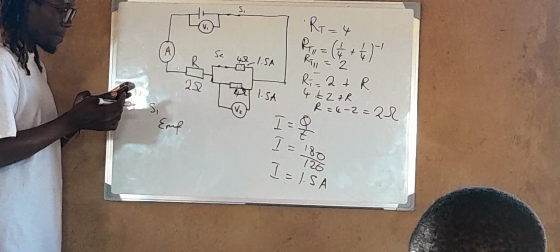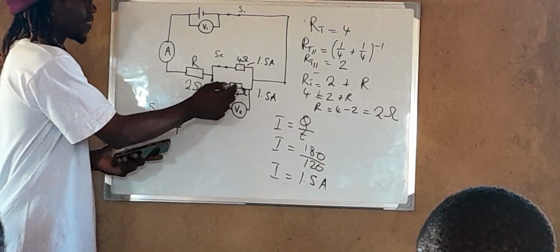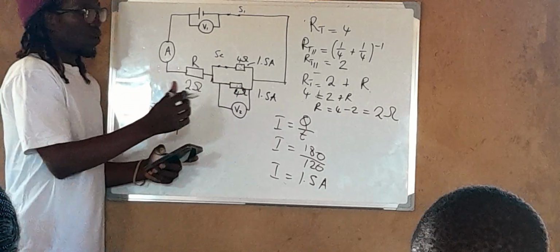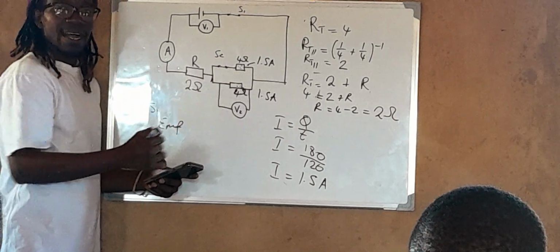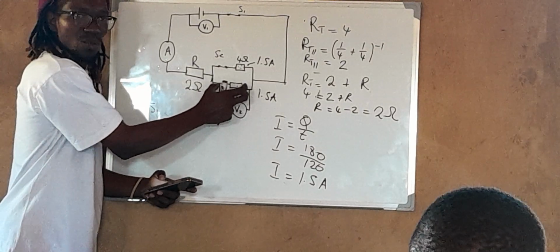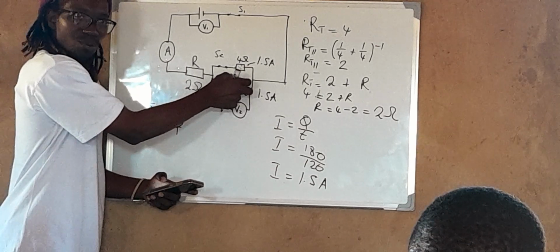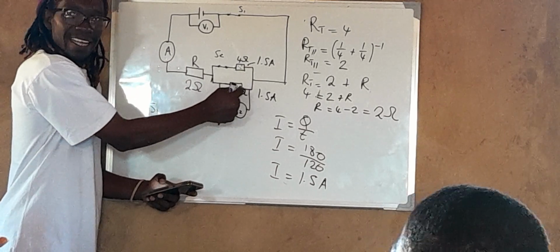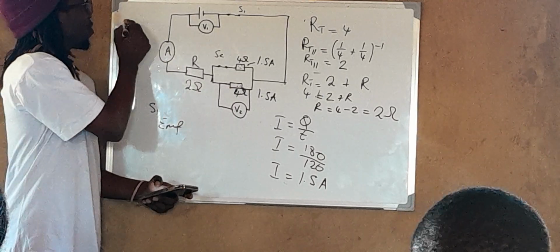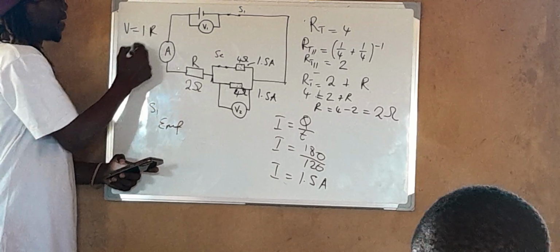The next question says, what is the voltage passing through here? If you are trying to calculate the voltage passing through this only, we must use the current passing through this only and the resistor that is there only. So voltage is equal to current times resistance.